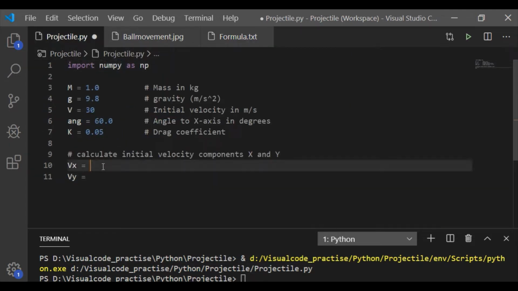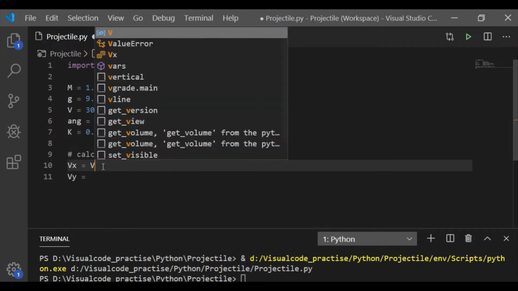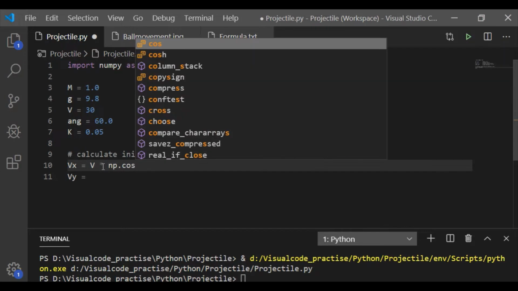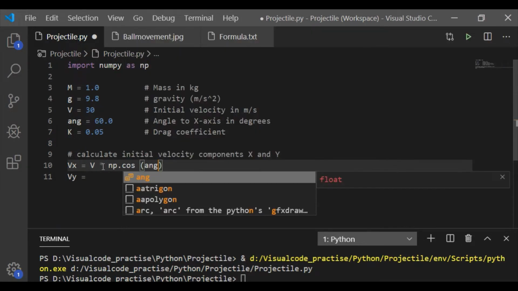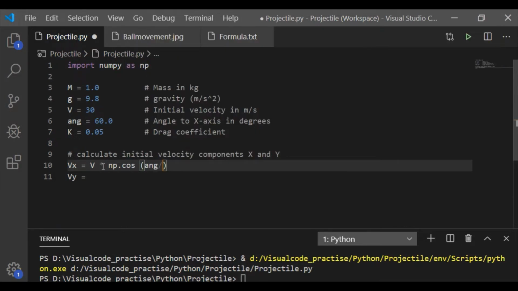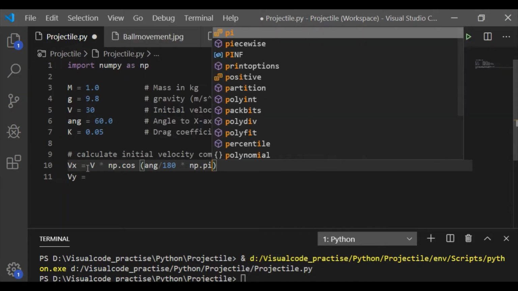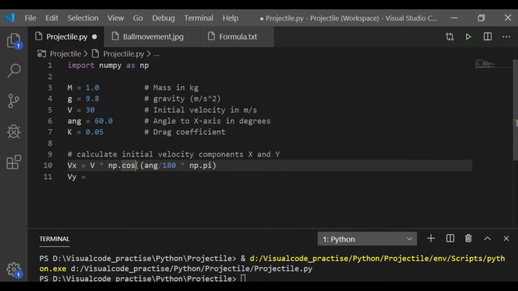We have the initial velocity V as 30 and the angle as 60 degrees to the x-axis. So component Vx is velocity multiplied by cosine theta, where cosine we are taking from numpy. So np.cos, and convert the angle in degrees to radians by angle divided by 180 times np.pi. This gives the x component of the velocity.